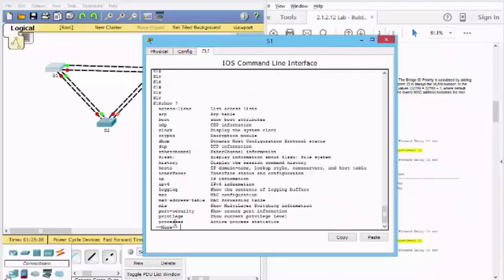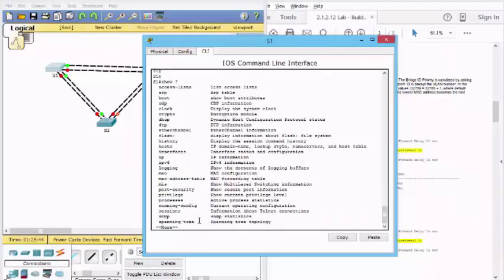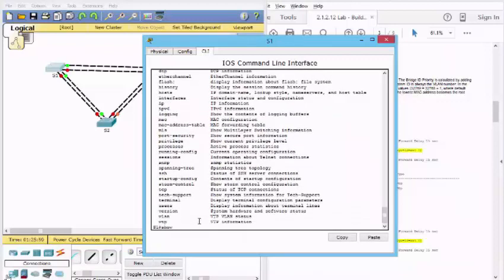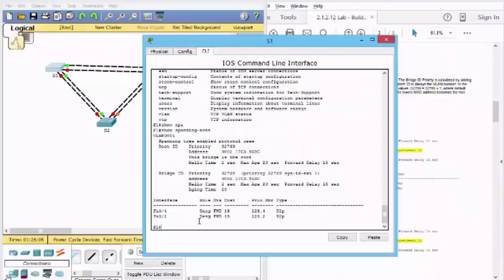We can see spanning-tree. So show spanning-tree. We type SPA and then hit tab completion. The CLI has typed it for you, spanning-tree, and we hit enter.